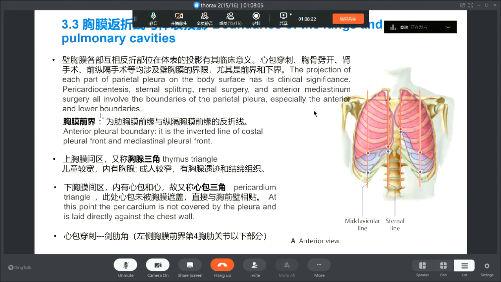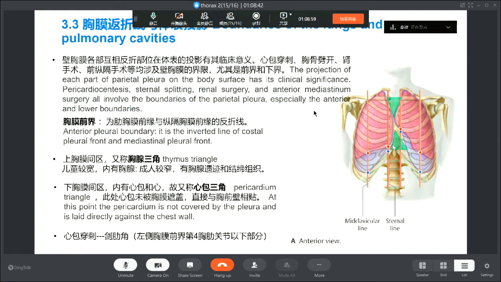lower boundary. Okay, we can see this green area we call the pericardial triangle, because there is no pulmonary cavity and no pleura here.